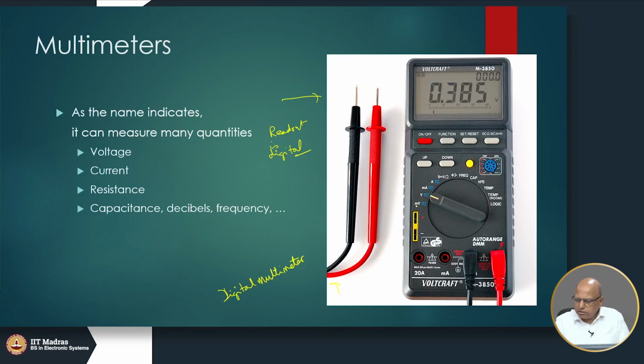There is an area for measurement of voltage, and an area for measurement of ohms or the resistance, frequency, capacitance. So, you can set this bar to measure any one of these things.